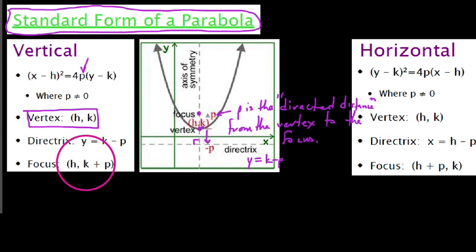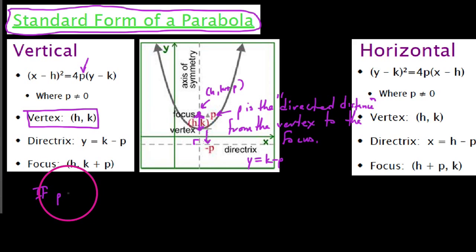And in terms of the focus, we could see that this is (h, k plus p), because if we were to go p units in the direction of its sign, we'd go p units upward, and we would be at this new point where we would still have the same x value, but we would have gone up p units. Now, when we mention directed distance, we're going to say p is a directed distance.